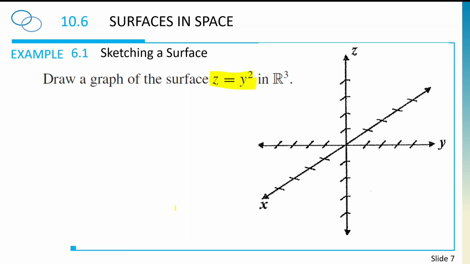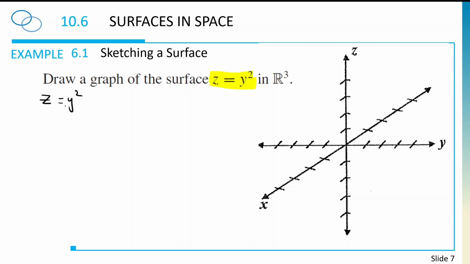If you look carefully at the equation, you'll notice that it only has two variables, and we miss the x variable. It doesn't include the x variable, which means that x is arbitrary, all values. So how do I think about this one? I'll think about it as z equals y squared.